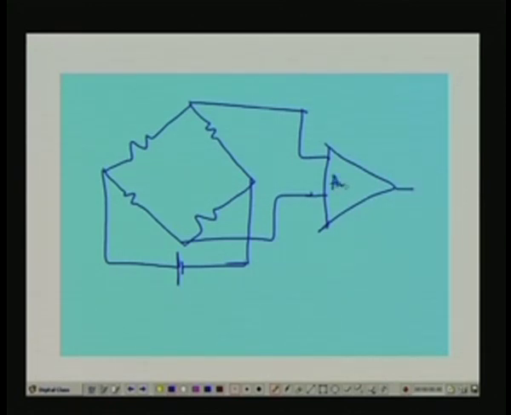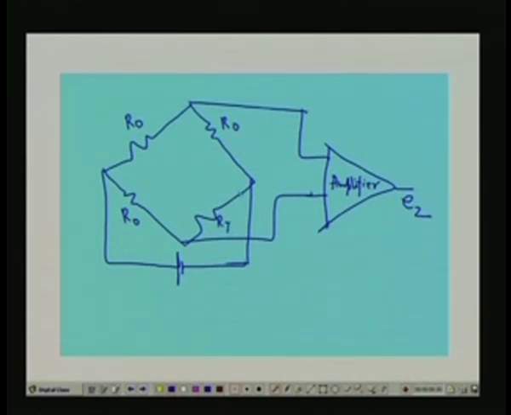This is an amplifier. This is output voltage E2. In the first case the output voltage is E1. We have chosen R0. This is R0. This is RT.